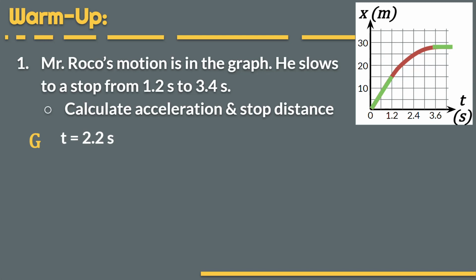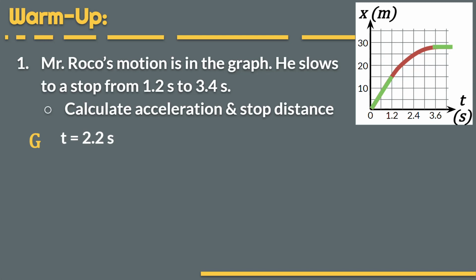This is a position time graph. So what can I figure out about his motion by looking at this graph? What else? Can I tell how fast he's going? Yes, we can tell how fast he's going.